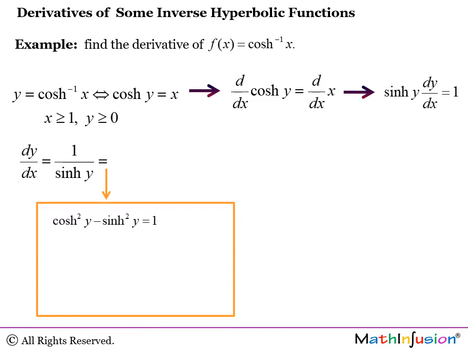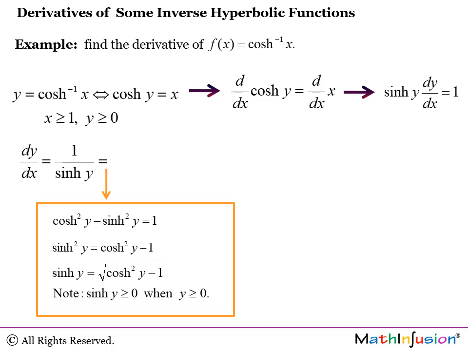We are going to use this to express that as a function of x. We get this. It means that sine hyperbolic y is the square root of cosine hyperbolic to the power of 2 of y minus 1. There is no need to have plus minus in the square root because sine hyperbolic y is non-negative and y is non-negative.